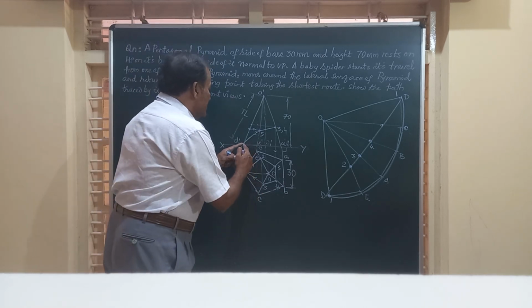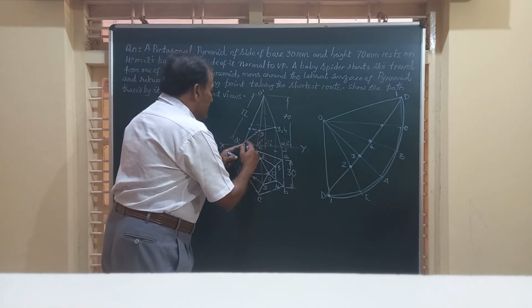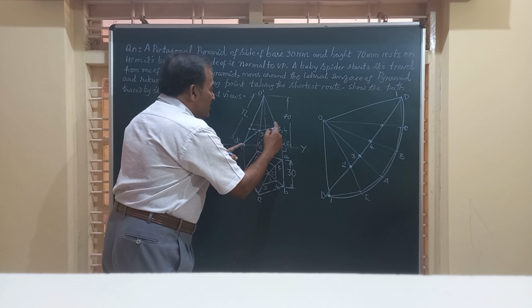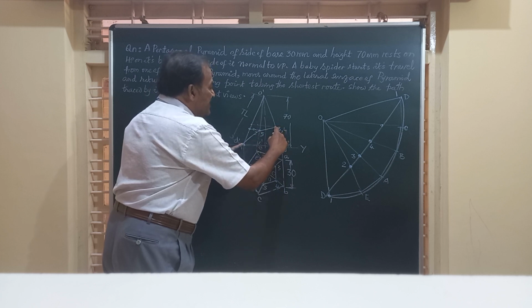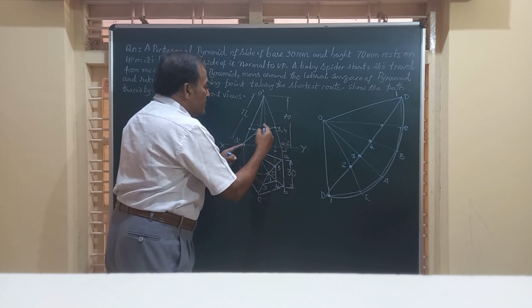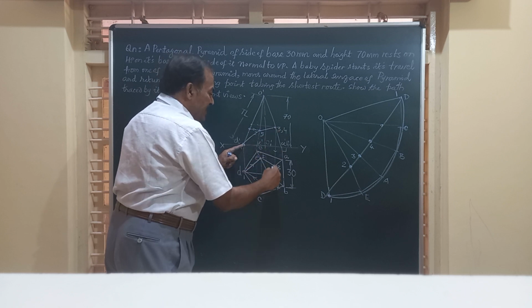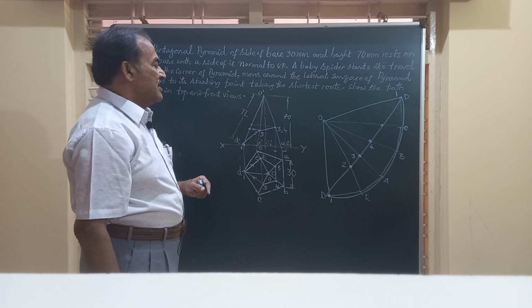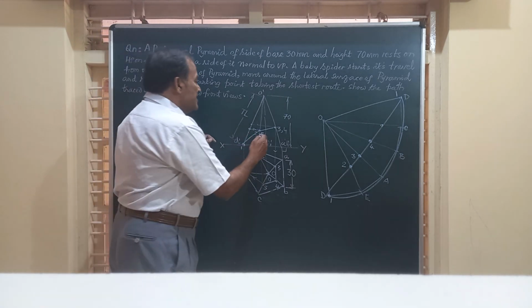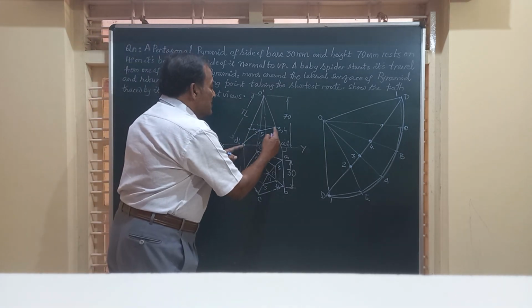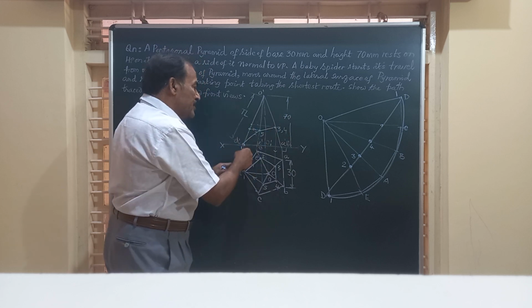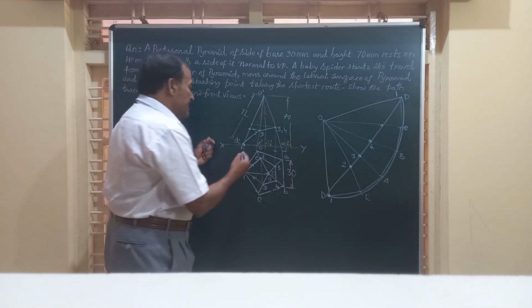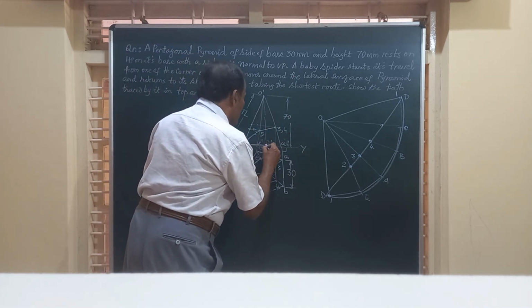Similarly here friends, it will start from the corner D, it will move on to this E, point 2, this A, point 3, then it will come to point 4 on the same height, 3 and 4, it will come back to the starting point. And friends, this is 1, 2, 3, 4, 5, 1 is the path traced by this in the front view.